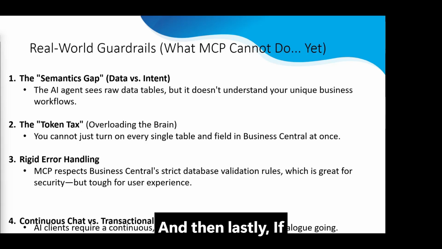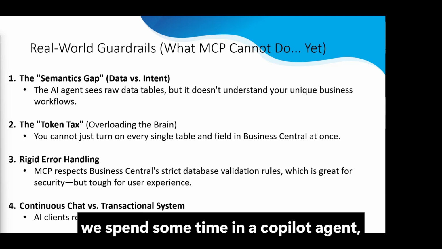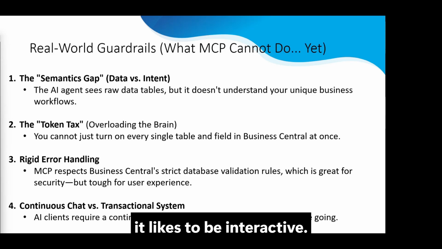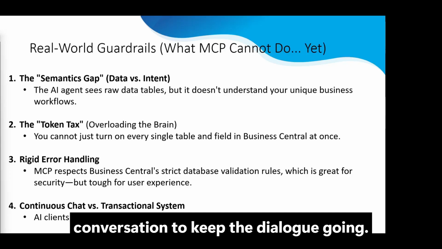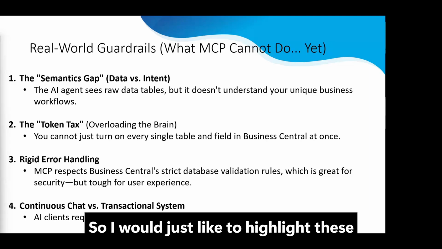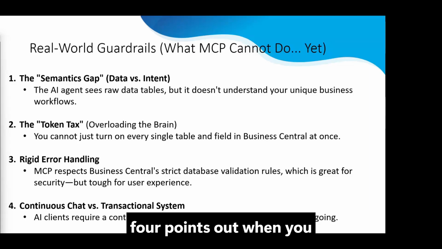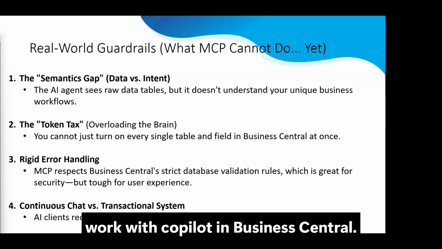And then lastly, if we spend some time in a Copilot agent, it likes to be interactive. So that means that the AI clients require a continuous stateful conversation to keep the dialogue going. So I would just like to highlight these 4 points when you work with Copilot in Business Central.